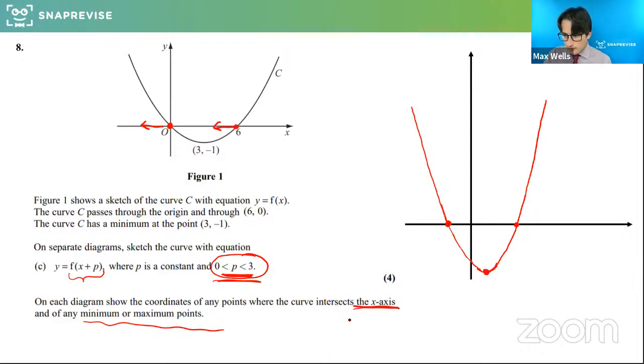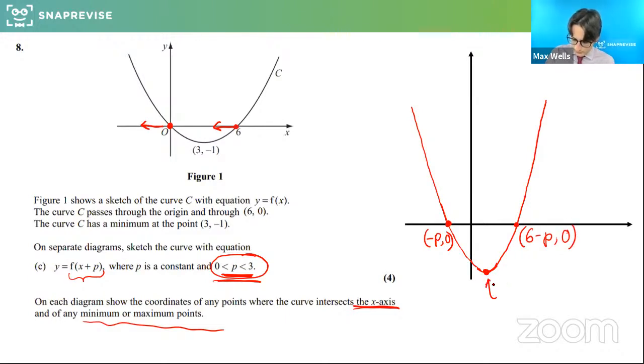Right, let's have a little look. I agree. I think the x-intercept we can literally just write as minus p, 0. So yes, you're right in thinking x minus p, but it's 0 minus p, which is just minus p. And this point here, absolutely, I totally agree with you guys, is going to be 6 minus p. And then the y value of that is 0.